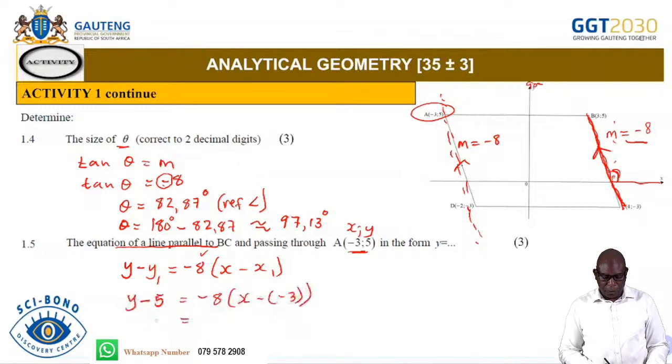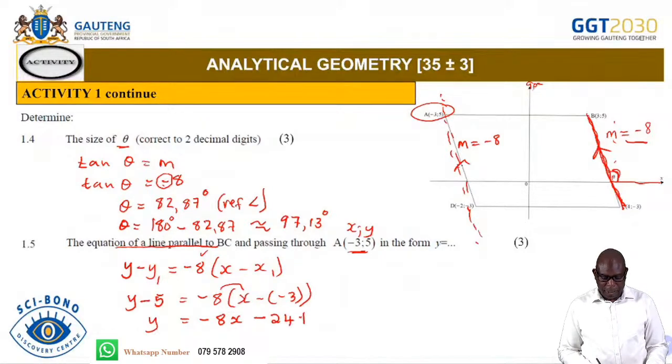Right, so I work it out. y will be equal to -8x. I've already multiplied this one in. Then negative times negative is a positive, so I'll have a positive times a negative, which will give me a negative. So I'll have -8 times 3, it's -24.